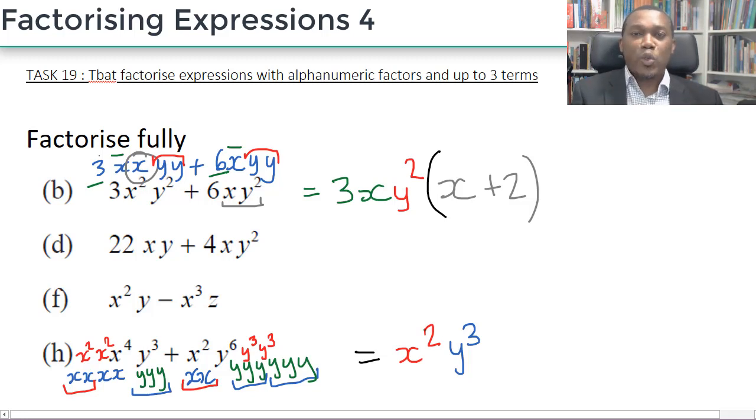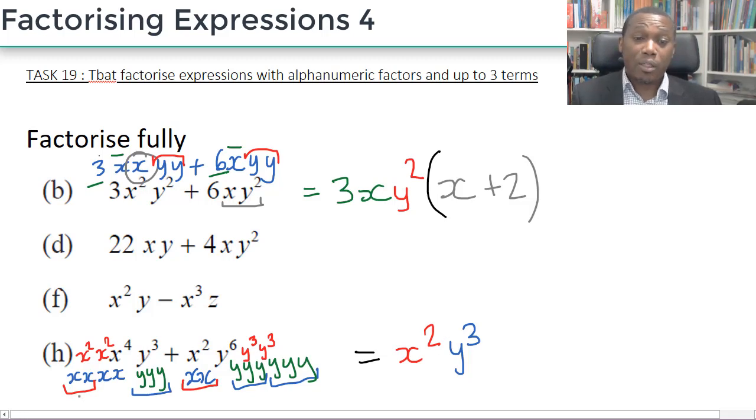So with this technique, you look at each letter individually, it could be x, y, z, whatever it is, and the lowest power on each letter throughout all your terms will always be your highest common factor for that letter. Lowest power, highest common factor for that letter.